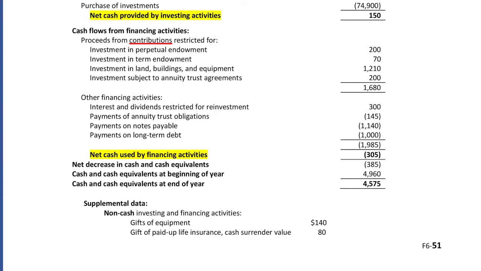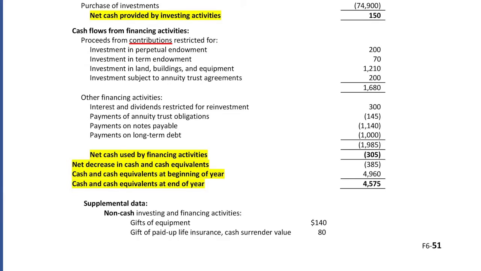Now, if you do a net cash by operating plus investing plus financing activities, you get highlight the net decrease in cash and cash equivalents. You then look at highlight the cash and cash equivalents at the beginning of the year to get to highlight cash and cash equivalents at the end of the year.